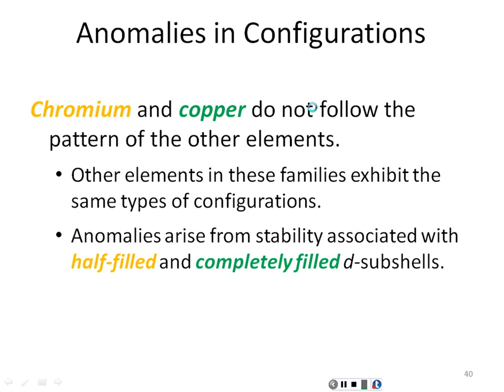And it has to do with the special stability that's formed when there's a half-filled or completely filled d sublevel. So that d subshell is very stable when it's half-filled or completely filled. And it's stable enough that it takes an electron away from the 4s orbital, to fill or half-fill the d subshell.